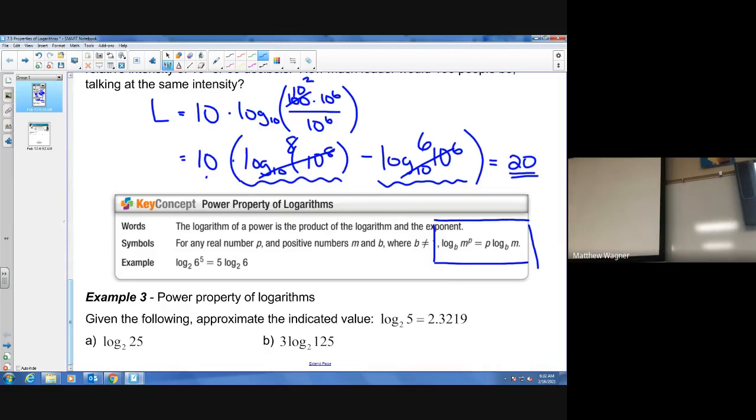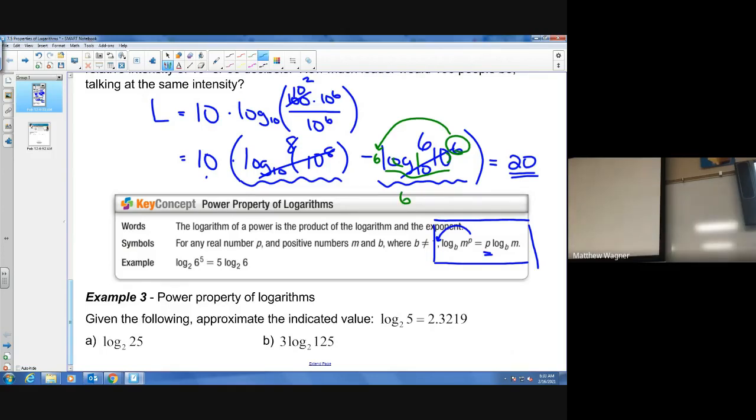In essence, if we have a log of a power, the power can drop right out front of the log, and it's the same thing. So if we went back here, if I took the 6 and dropped it out front, log base 10 of 10, remember, is just 1. So this whole thing is 1. 6 times 1 is 6. We can use that power property as well.